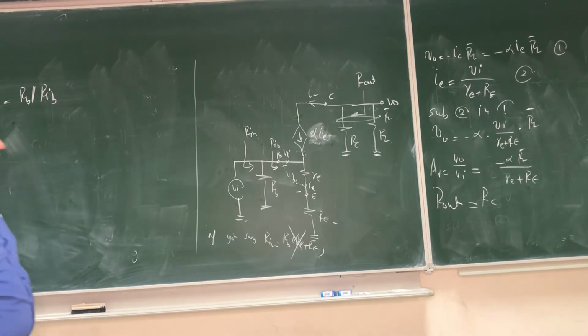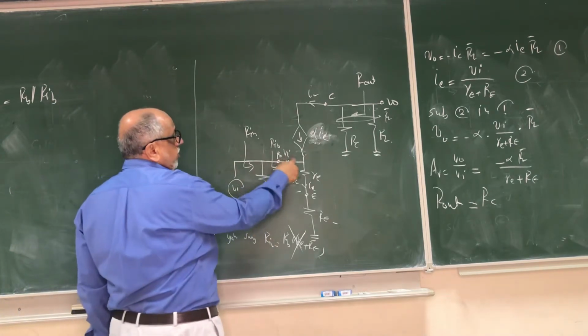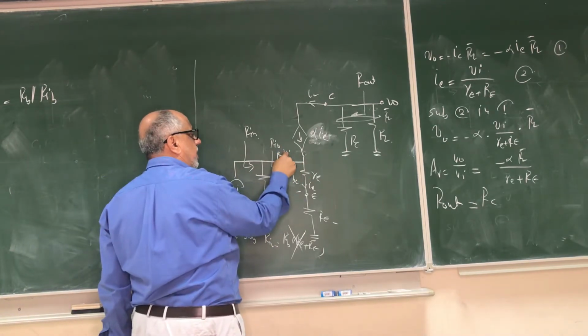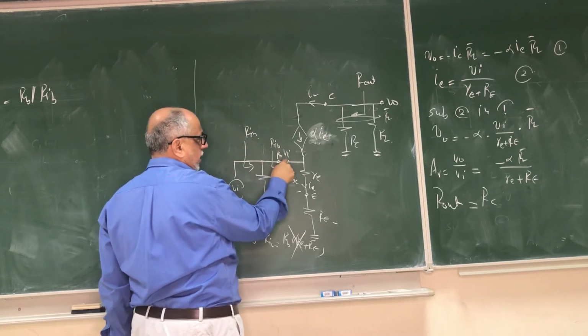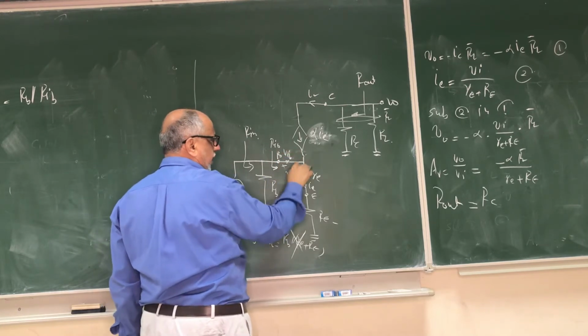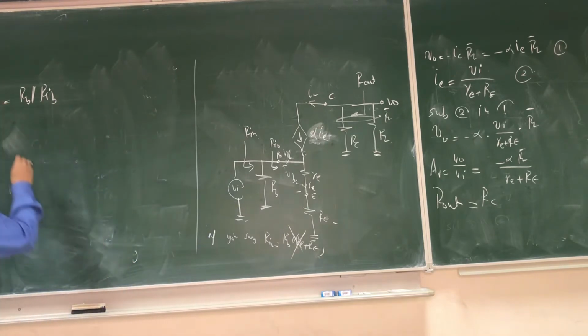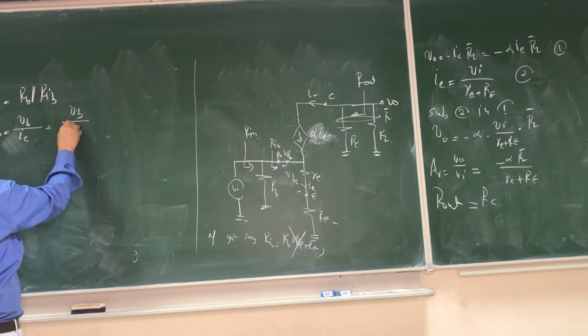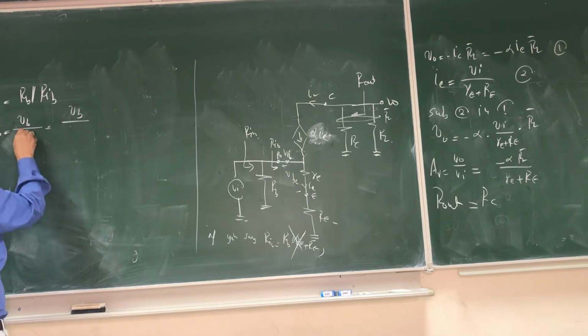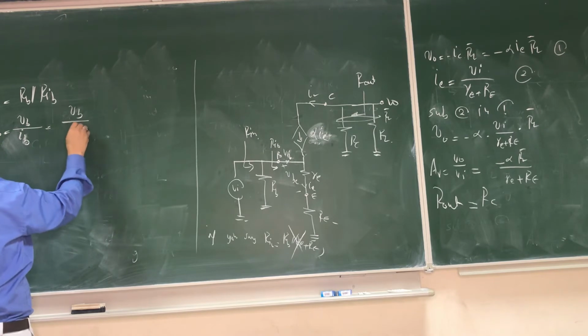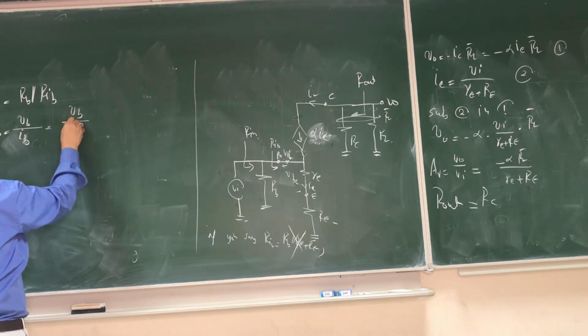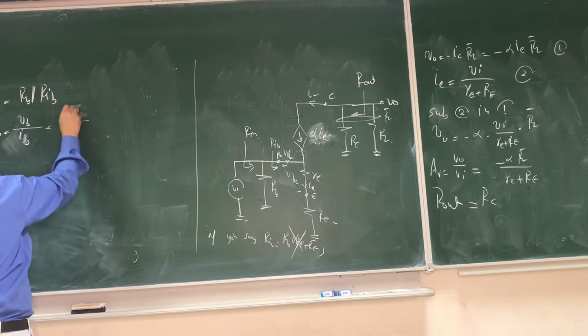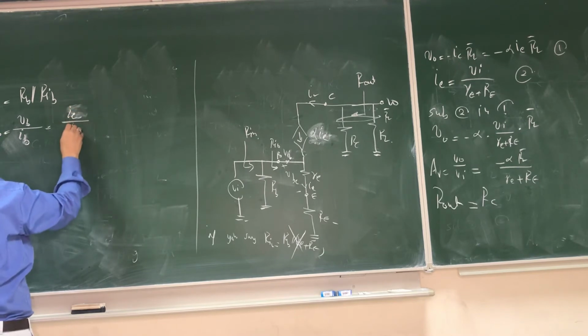RB is known to us. But what is RIB? RIB is the resistance in here, which is V at this point, which is VI, or we call it VB, let's say, divided by IB. So RIB is equal to VB divided by IB. And what is VB?